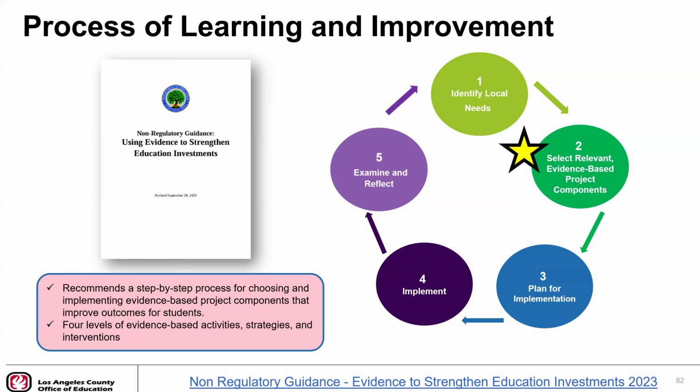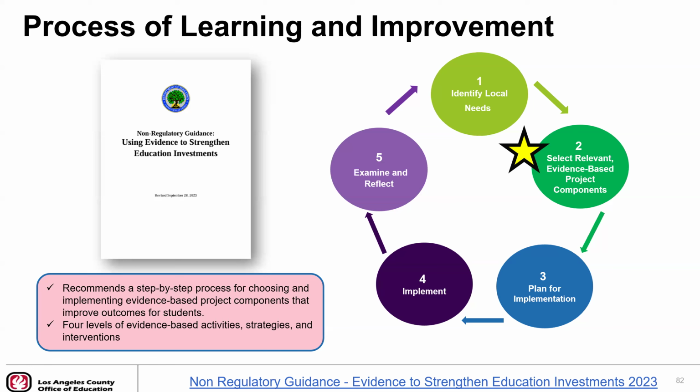Once your LEA has identified evidence-based components that support the area of improvement, has reviewed and discussed their relevance to your setting and contexts, and its likelihood of implementation with fidelity, you're ready to finally select one of the evidence-based components.